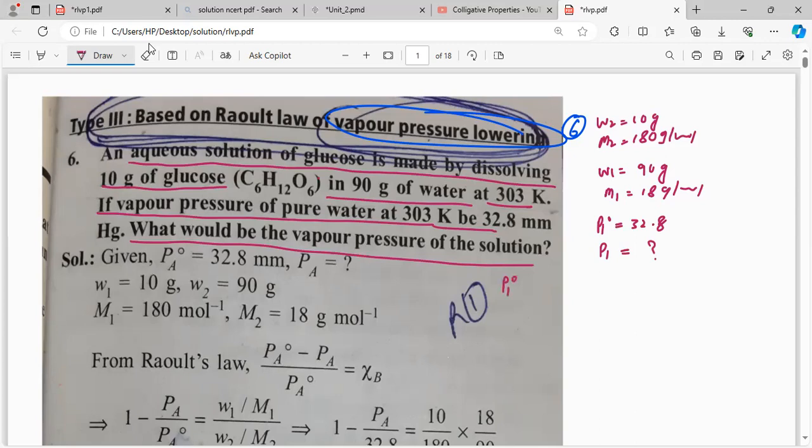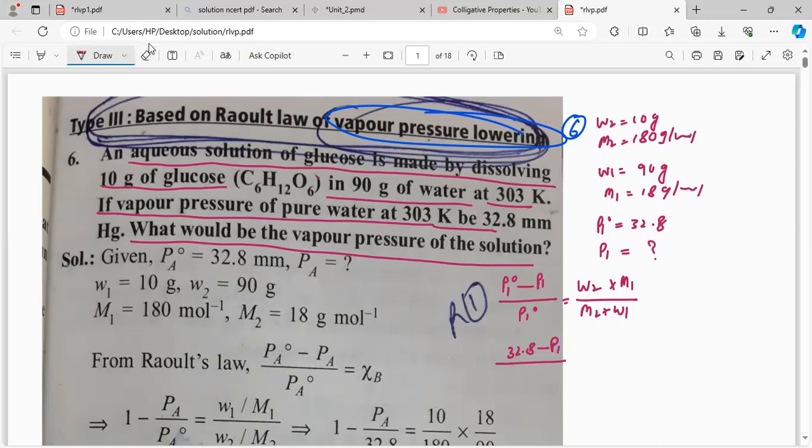Yes, sir. (P1 naught minus P1) upon P1 naught is equal to W2 into M1 divided by M2 into W1. So P1 naught is how much? 32.8. Divided by the minus P1 and again 32.8. Here it's again going to be how much? 32.8.